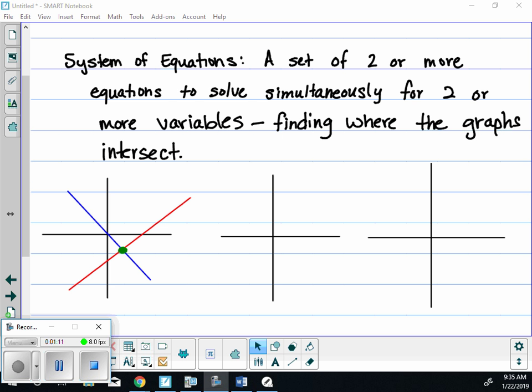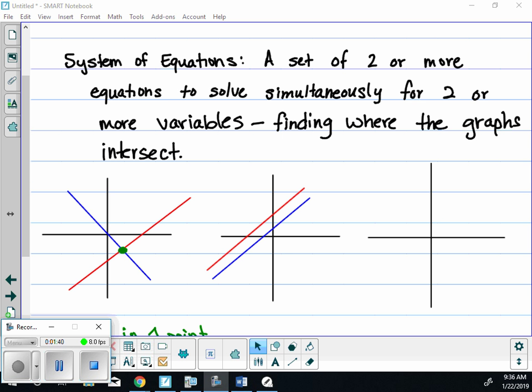We could have two lines that are parallel to each other, which will never intersect. So intersect in one point, and there is one solution.